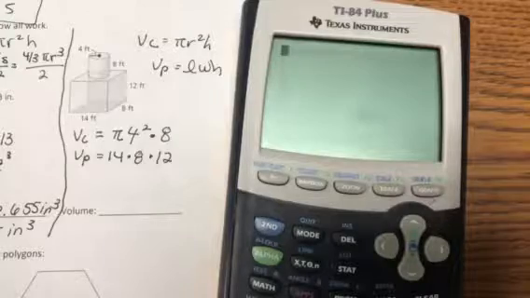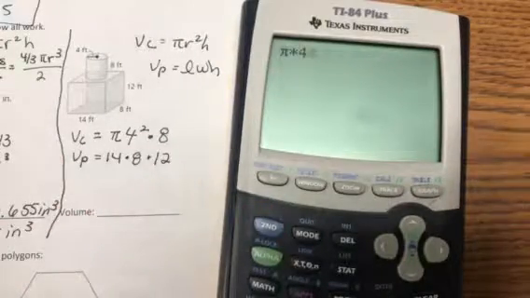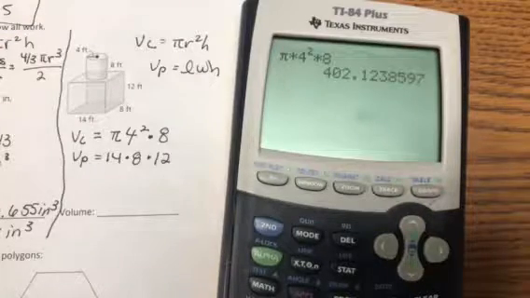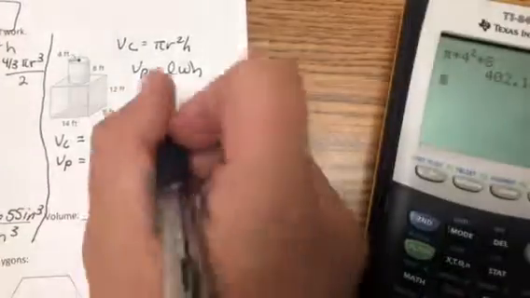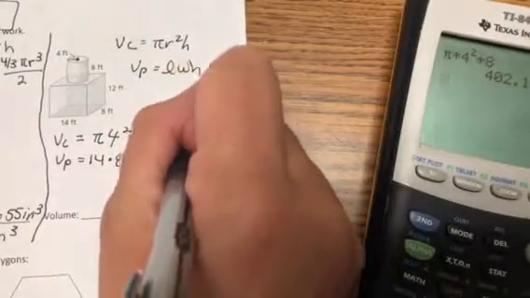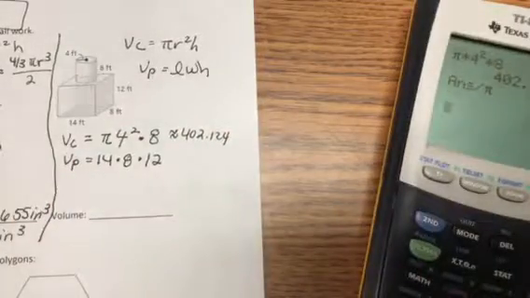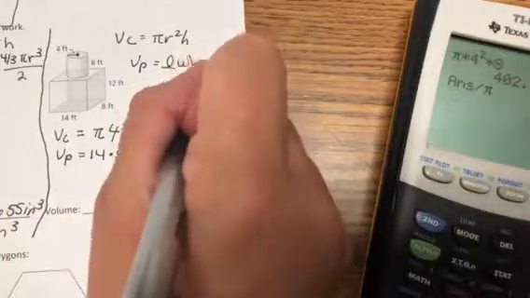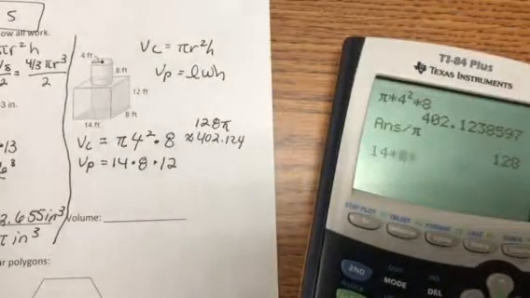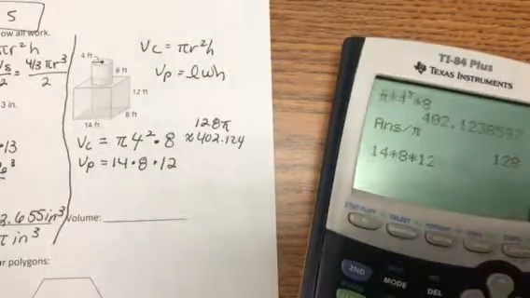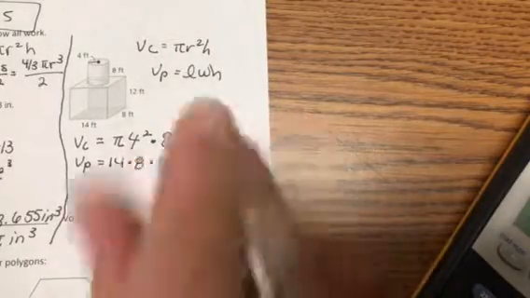So pi times 4 squared times 8 is approximately 402.124. And if we left that in terms of pi, so if we never multiplied through, that'd be 128 pi. And then the volume of the rectangular prism is 1,344.